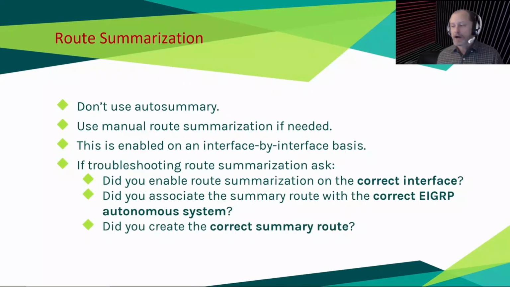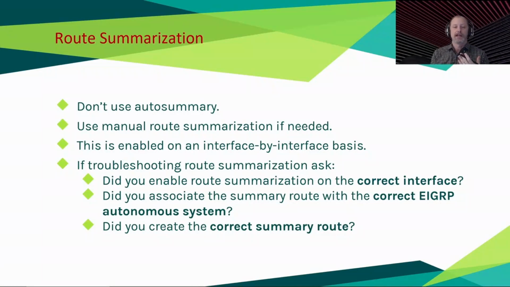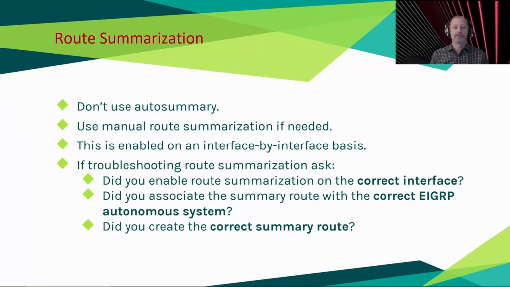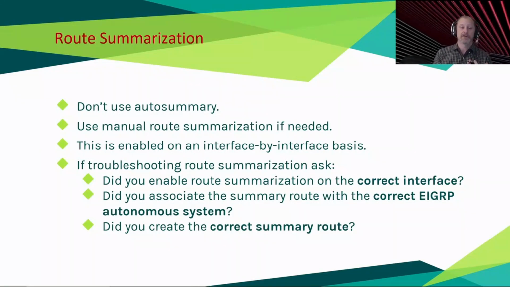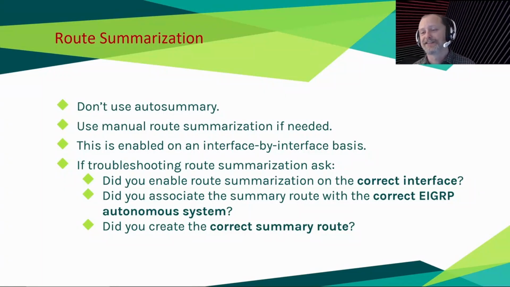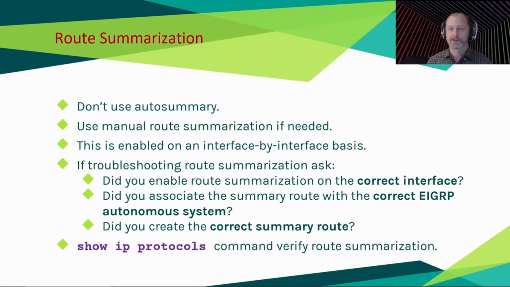If you are troubleshooting that, make sure you ask yourself: is route summarization on the correct interface? Is it set up for the correct autonomous system? Is the summary even correct? You can verify this using the show ip protocols command.